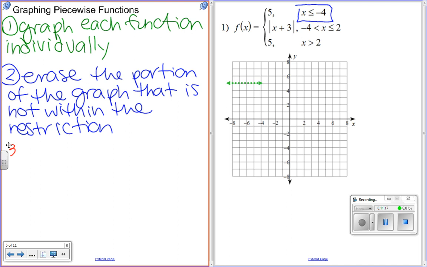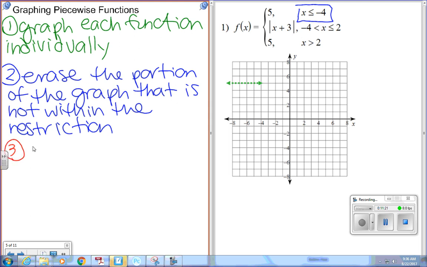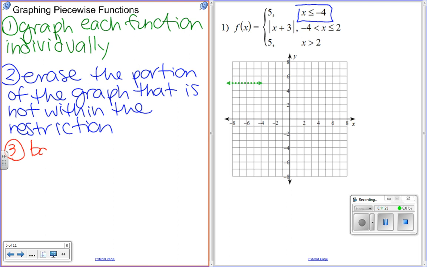The last thing you have to think about while you're graphing each of them is your boundary point. On that boundary point, you are either going to have a closed circle or an open circle. That is determined exactly the same way as when you did it in Algebra 1 with your inequalities.